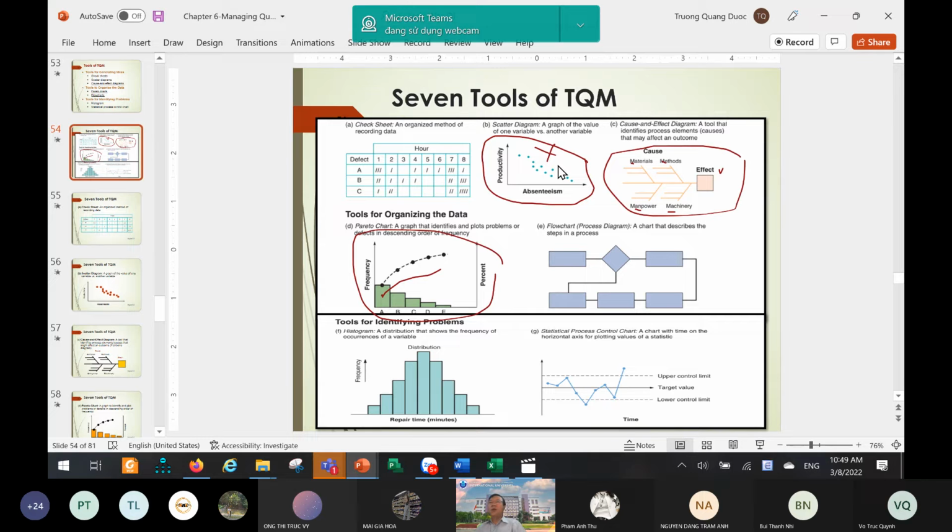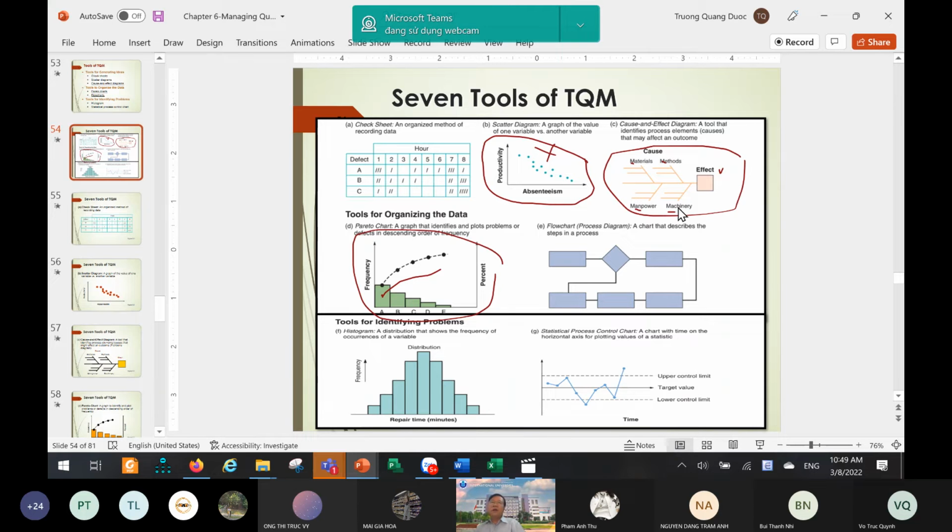It's not the way. And here goes 4M: material, method, manpower, machinery. Some group is very good way to do that, but some group, they don't mention anything. So it's different. Manpower is you or your family, or your group, or your student union or something like that.